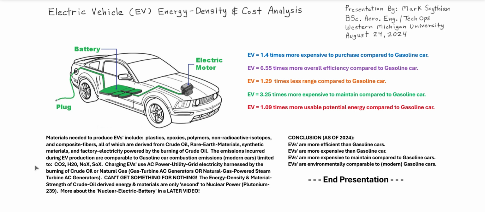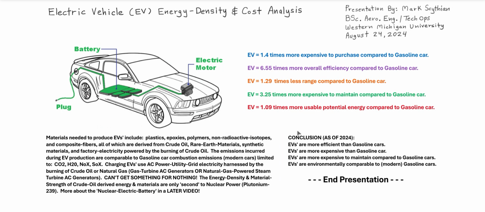Can't get something for nothing. The energy density and material strength of crude oil derived energy and materials are only second to nuclear power, i.e. plutonium-239 isotope. More about the nuclear electric battery in a later video.